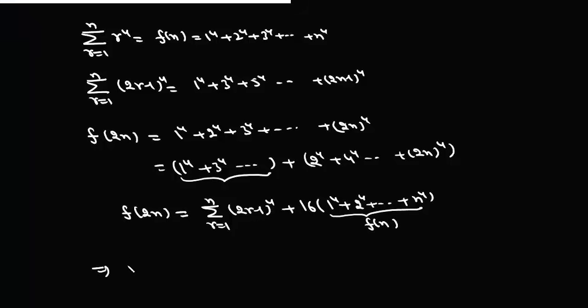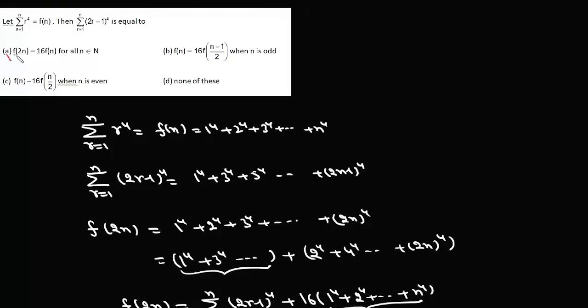So from here we can say this summation r varies from 1 to n (2r minus 1) to the power 4 will be equal to f2n minus 16 fn for all n. So the correct option is option A.